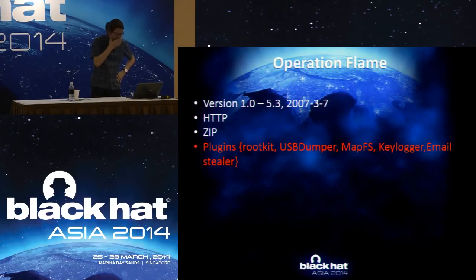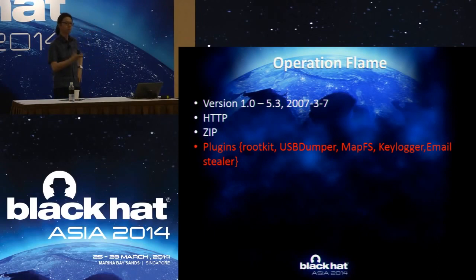I found this Operation Flame. Version 1.0 was compiled on March 7th, 2007. It's the very first version of all those operations, the very first one. It uses HTTP protocol. And when the client gets the data from the server side, it just unzips it.